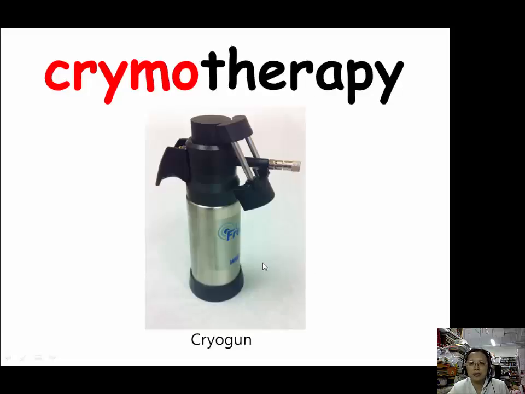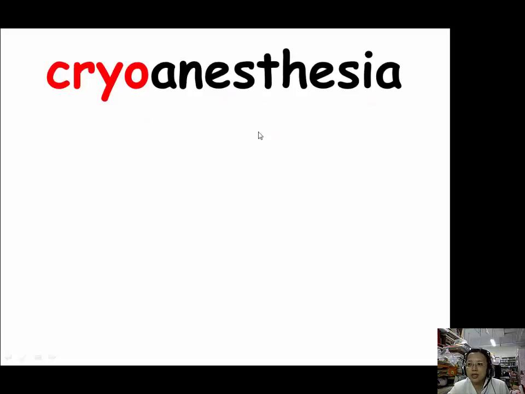Cryoanesthesia is local anesthesia produced by chilling the part to near freezing temperature. Then that part will lose sensation for a short period, so we can do some operation on that part of our body.